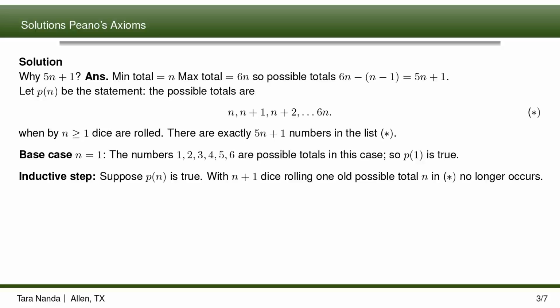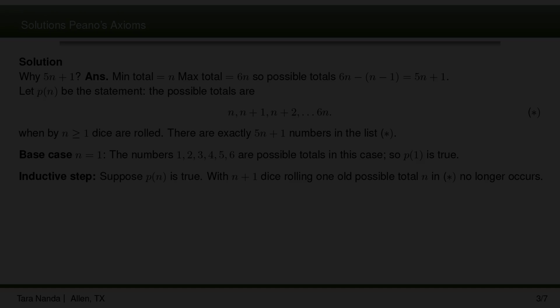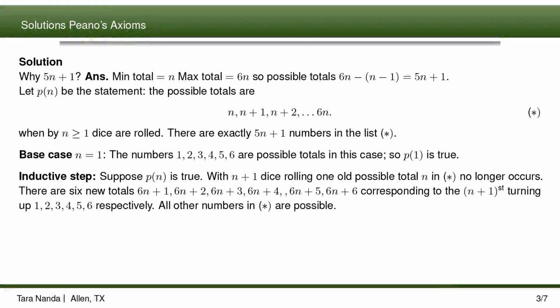So when there are n plus 1 dice, the total has to be at least n plus 1. Observe that there are 6 new totals: 6n plus 1, 6n plus 2, up to 6n plus 6, corresponding to the case when the n plus first die shows 1, 2, 3 up to 6 respectively.